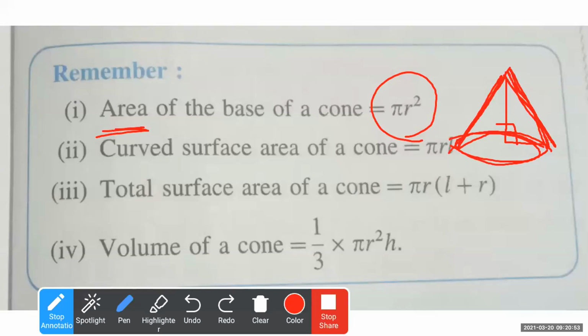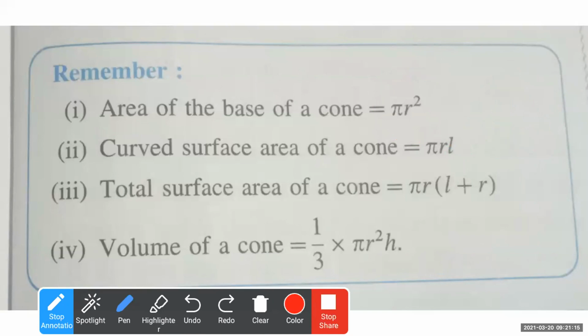This slant height is represented by the letter L. Always remember that the slant height is represented by the letter L, and the normal height is represented by the letter H. So the curved surface area of a cone is pi r L, where L is the slant height.